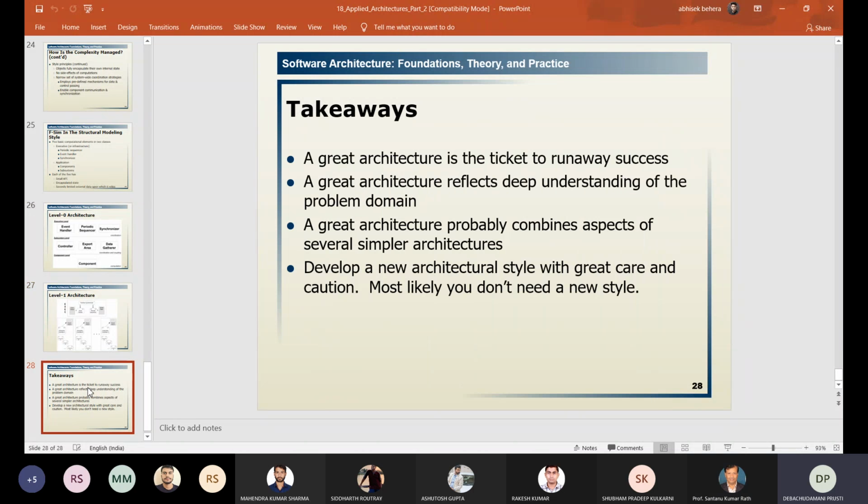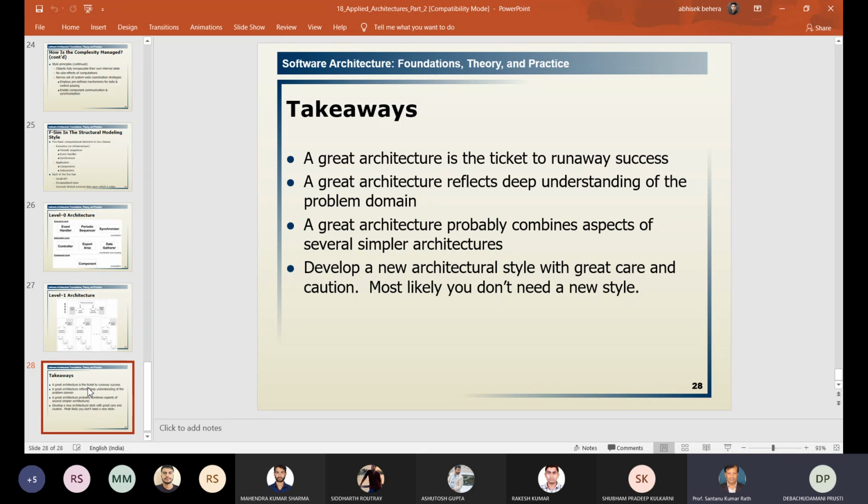Now, what are the gist or important points? A great architecture is the ticket to runaway success. If you have a perfect, robust architecture, then you have the ticket or the access to success. A great architecture reflects a deep understanding of the problem domain, to provide the proper solution to any problem.